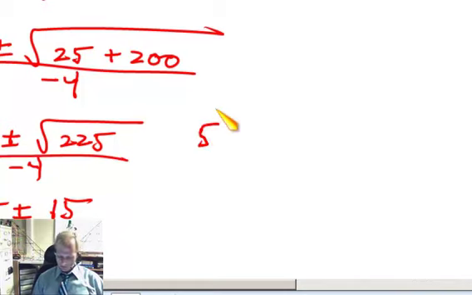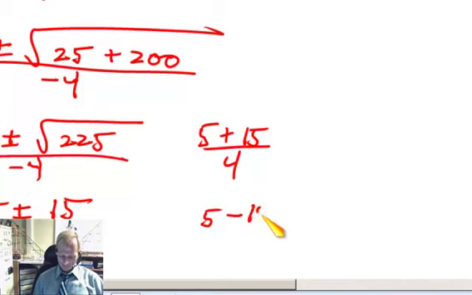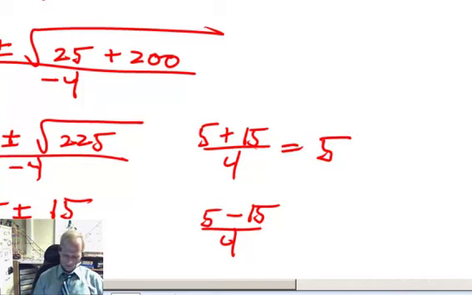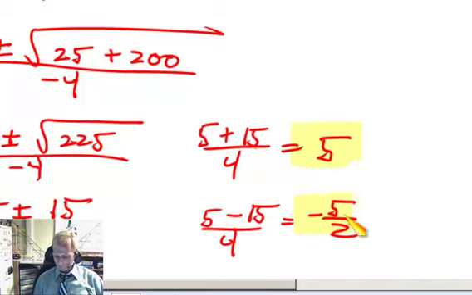So what that means is 5 plus 15 over 4 and 5 minus 15 all divided by 4. 5 plus 15 over 4 is 20 over 4. That gives me 5. And the bottom one gives me 5 minus 15, or negative 10 over 4, which is negative 5 halves. So those are my 2 solutions.